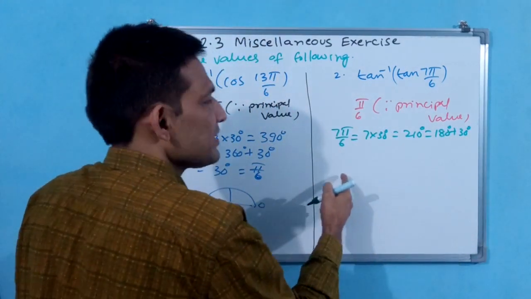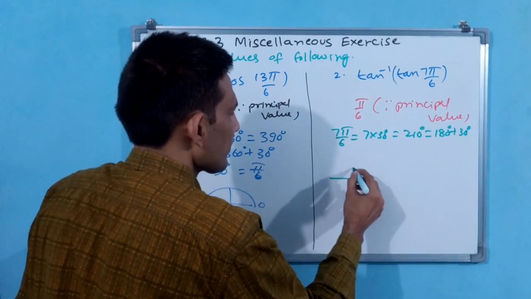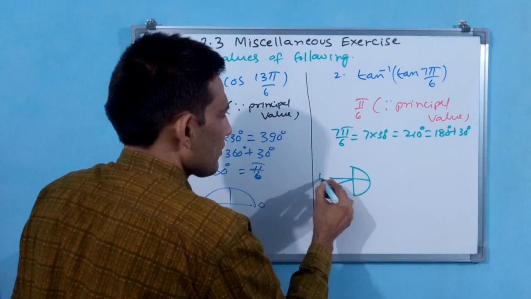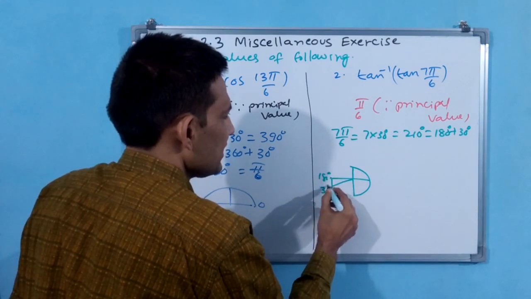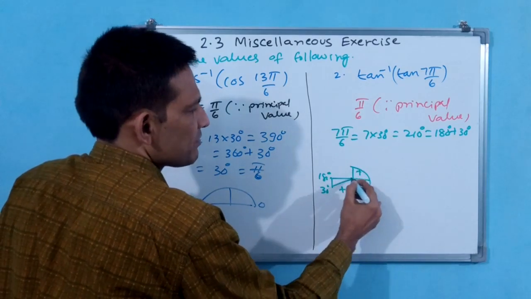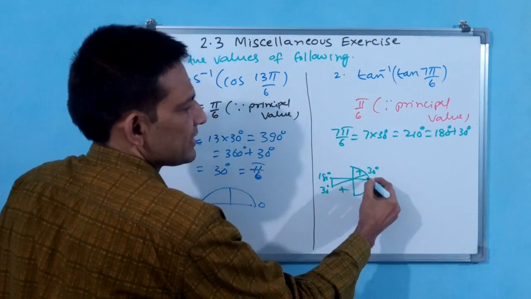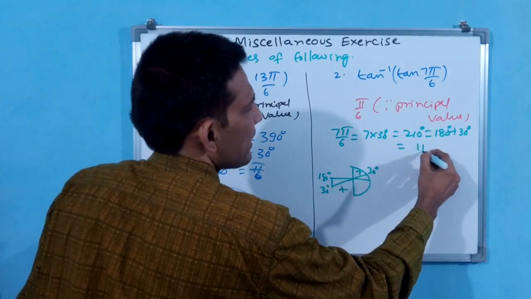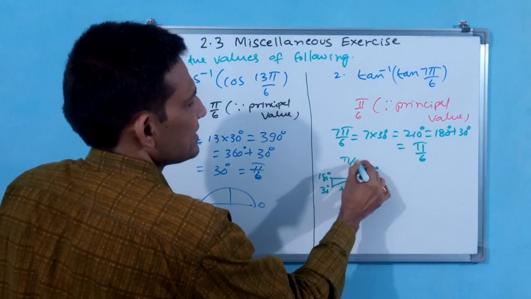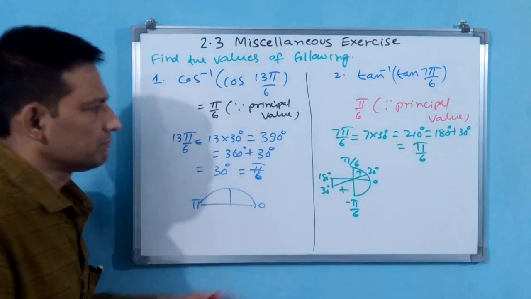180 plus 30 degree means 180 degree, 30 degree. Okay. But here tan is positive. That is why this positive you are transferring to this side, 30 degree. 30 degree means automatically pi by 6. Okay, why? Because with tan, this is minus pi by 2 to pi by 2.